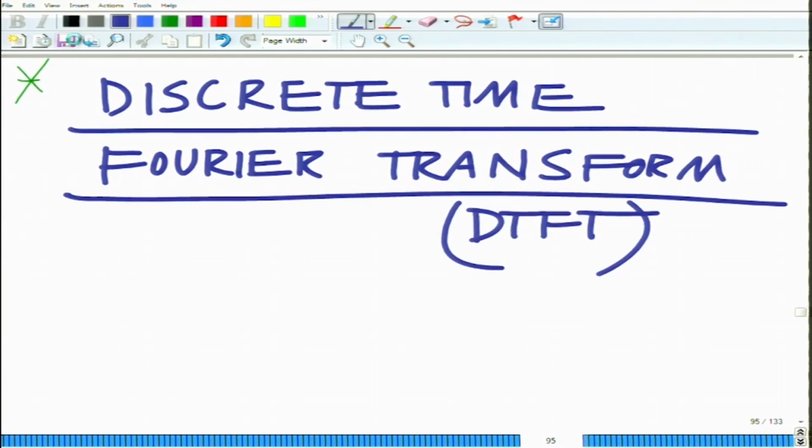All right. So, now let us look at the properties of the DTFT.